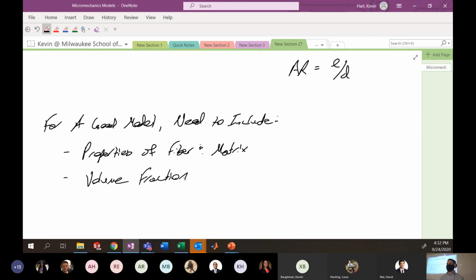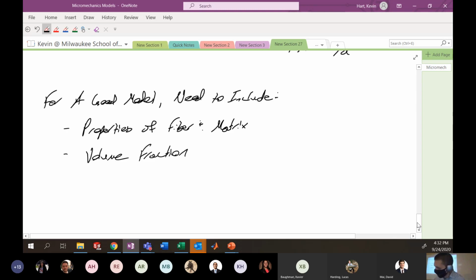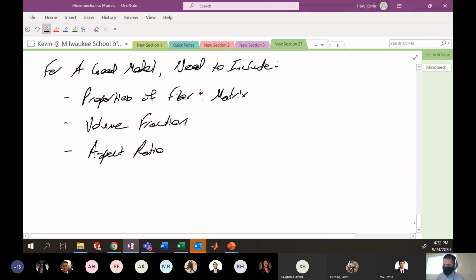If you have many, many long fibers, that approaches the models we use for continuous fibers. If you have very, very short fibers, that approaches a particulate model. So we have to include the aspect ratio or something like it in our model. I just mentioned this, but we need to accommodate the distribution type. Is it aligned, partially aligned, or random? So, alignment of fibers.